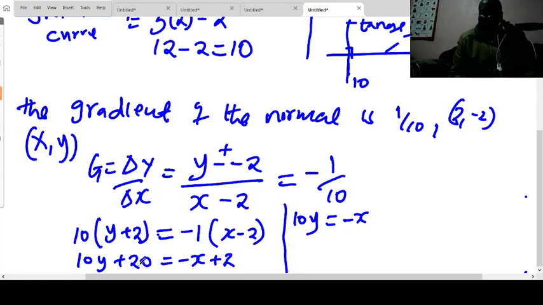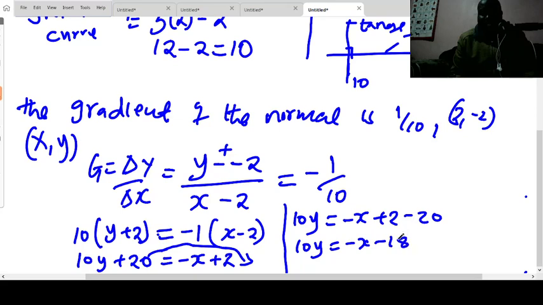Bring this 20 from the left side to the right side, so it becomes negative: plus 2 minus 20. So 10y is equal to -x, 2 minus 20, the answer should be -18.